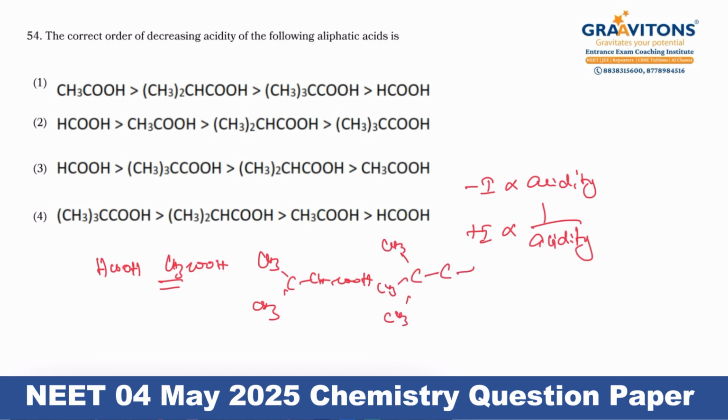When you increase the number of methyl groups, the acidic nature decreases. So the correct order is formic acid first, option 2. Formic acid will have the maximum acidic nature. Then comes ethanoic acid, then 2 methyl groups and 3 methyl groups.